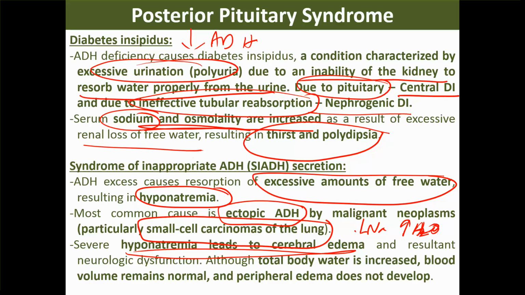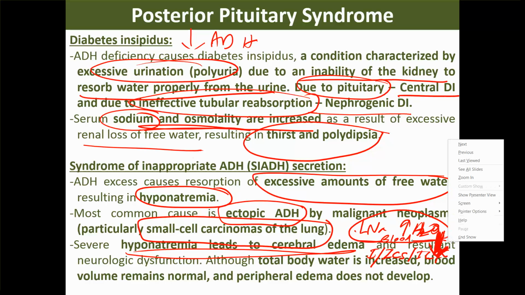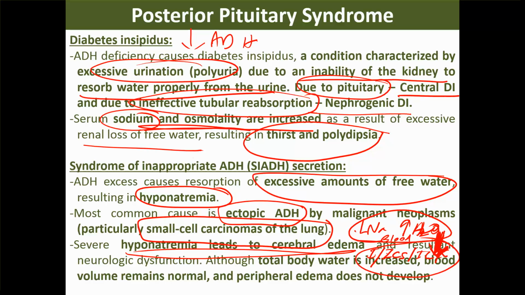So there is decreased sodium because of increase in water. This happens in the blood. So the sodium in the interstitium and in the intracellular space, their level is increased. So automatically that pulls all the water, and that results in more increase in total body water but not in the blood.